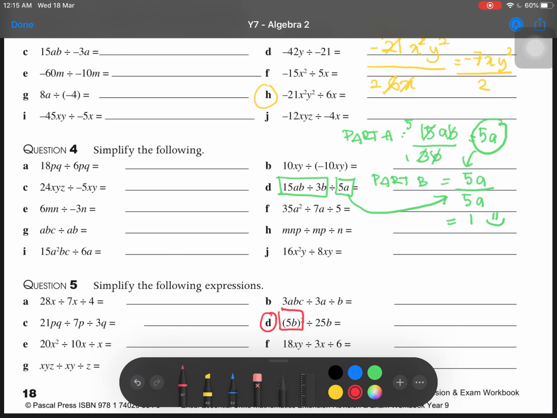Bracket has to be prioritized, and then you square them. 5b squared is 25b squared, and this has to be divided by 25b. So both can be divided by 25. 1b cancel from the top and bottom. That leaves you with b over 1, which is b.